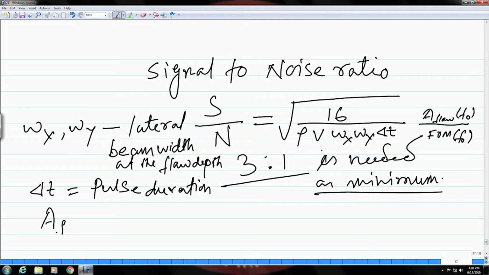This is the amplitude of the signal coming out from a flaw, which is a function of the central frequency f naught.